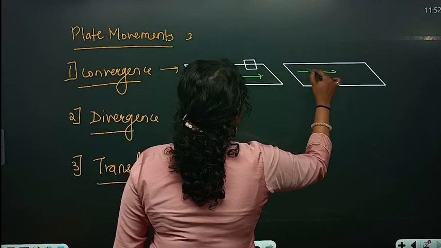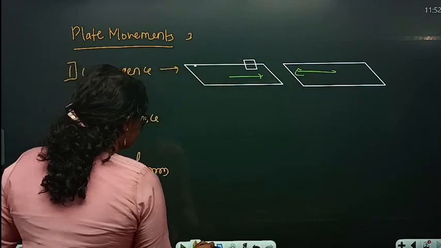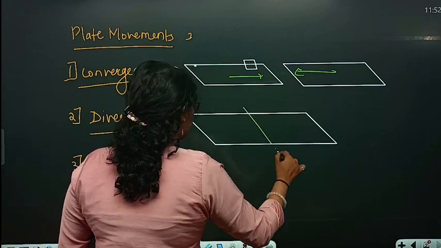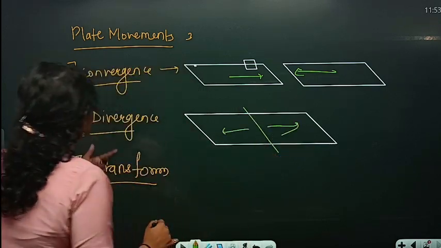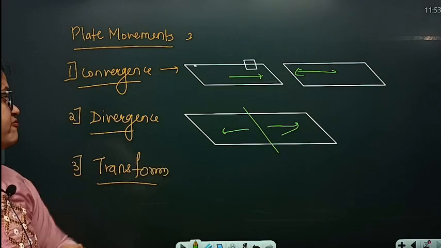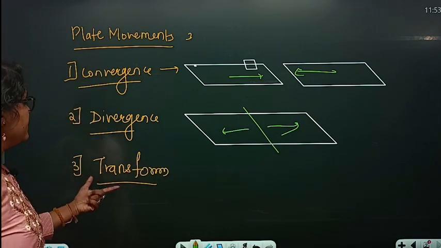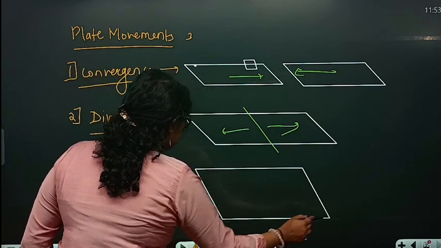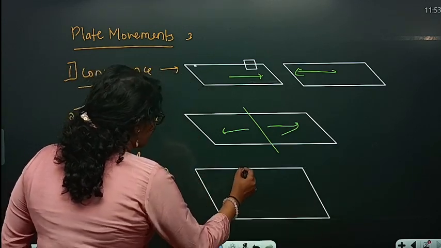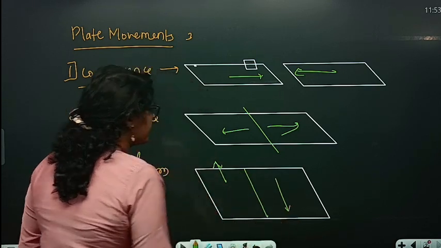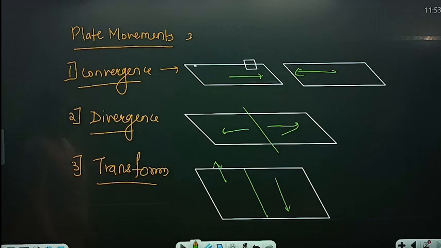What is divergence is when a single slab breaks into two parts and moves away from each other. Divergence is also known as a constructive plate boundary. This is destructive, and transform is conservative where neither the crust is created nor destroyed. It breaks into two parts and they are moving parallel to each other. San Andreas fault is a common example which we can see over here.